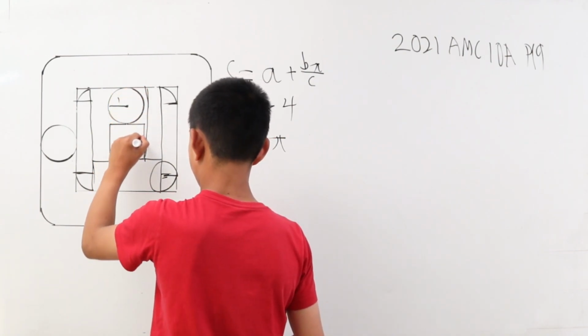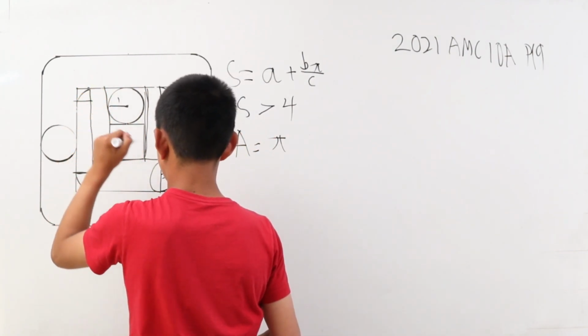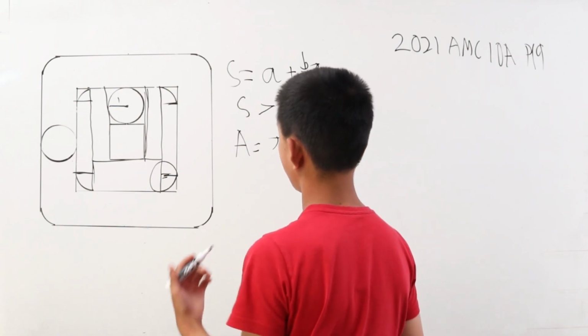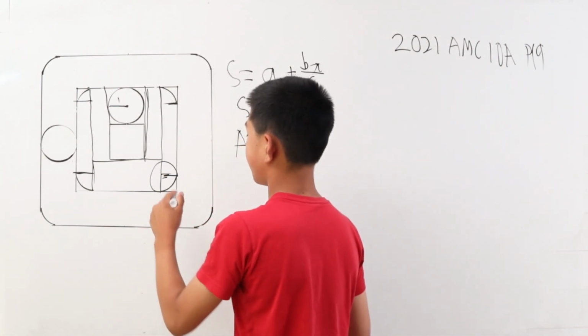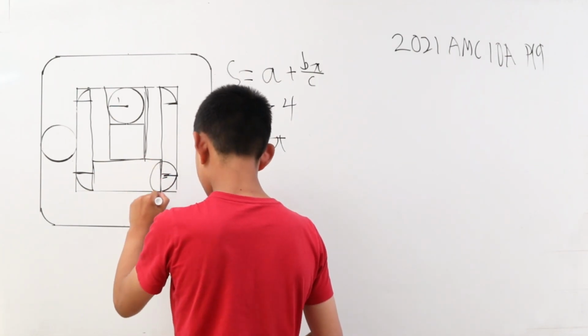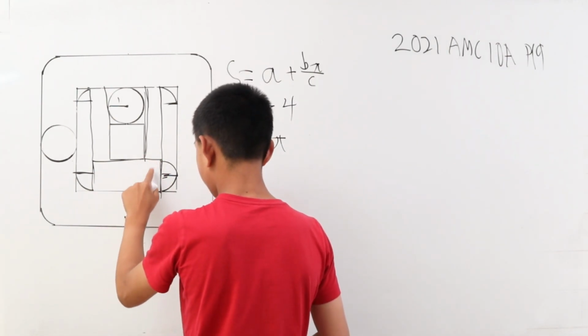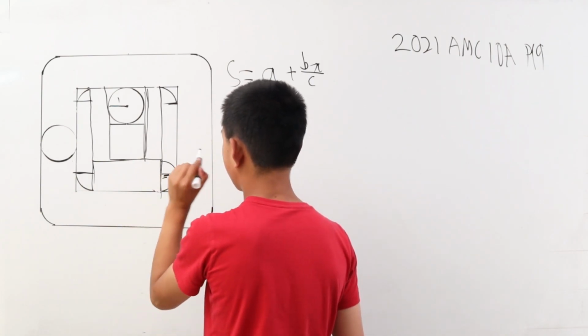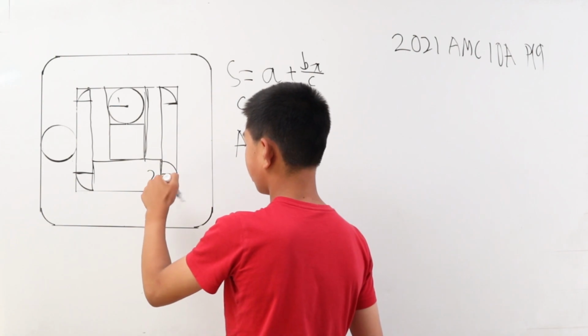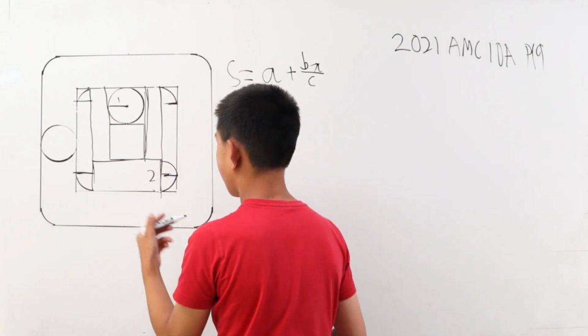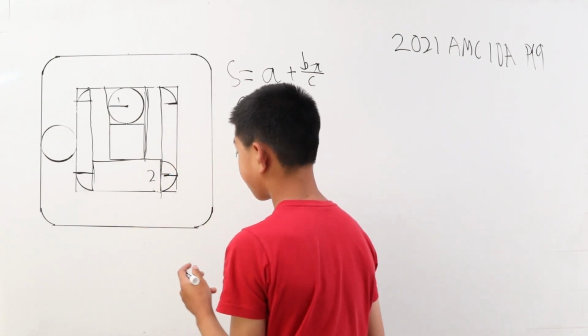We just draw some lines and then find the area of those pieces. Let's start with this big square at the back. We know the height is 2, because the radius is 1, which means the diameter is 2.